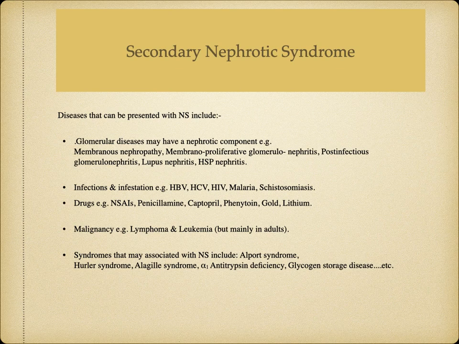For example, the patient may have glomerular disease that may have a nephrotic component, for example, membranous nephropathy, membranoproliferative, also some infection and infestation like hepatitis B and C and malaria. Some drugs can cause nephrotic syndrome, for example, non-steroidal anti-inflammatory drugs and penicillamine. Also, oncological conditions like lymphoma and leukemia.